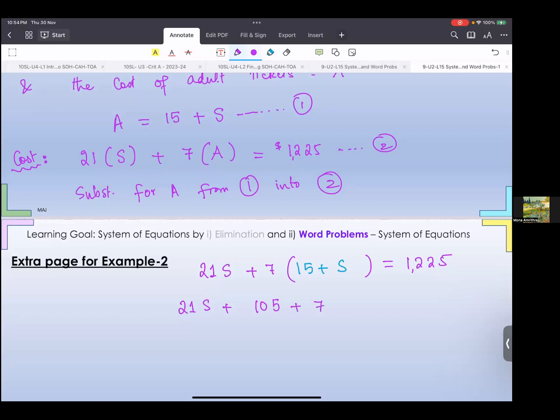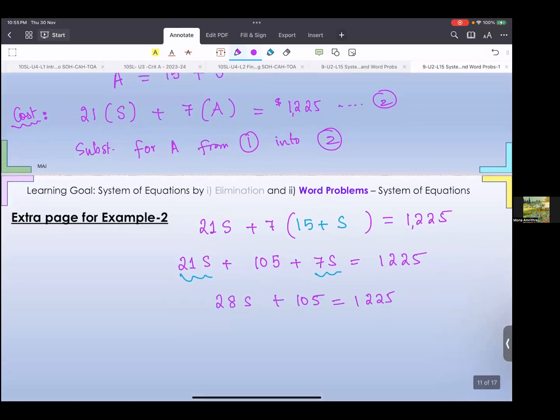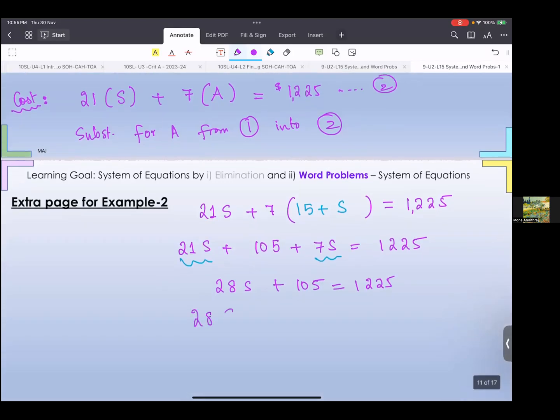Plus 7S is 1225. So collect like terms. 28S, sorry, let me not skip steps, plus 105 is 1225.